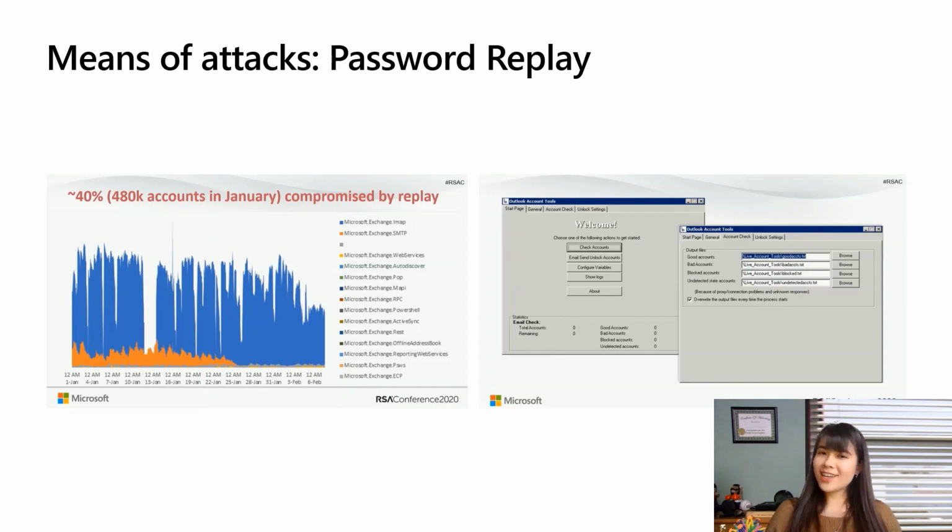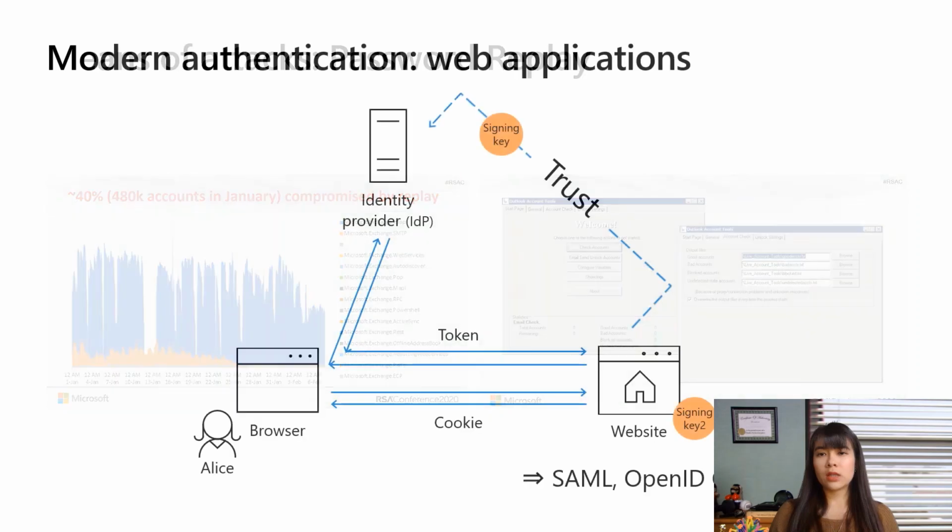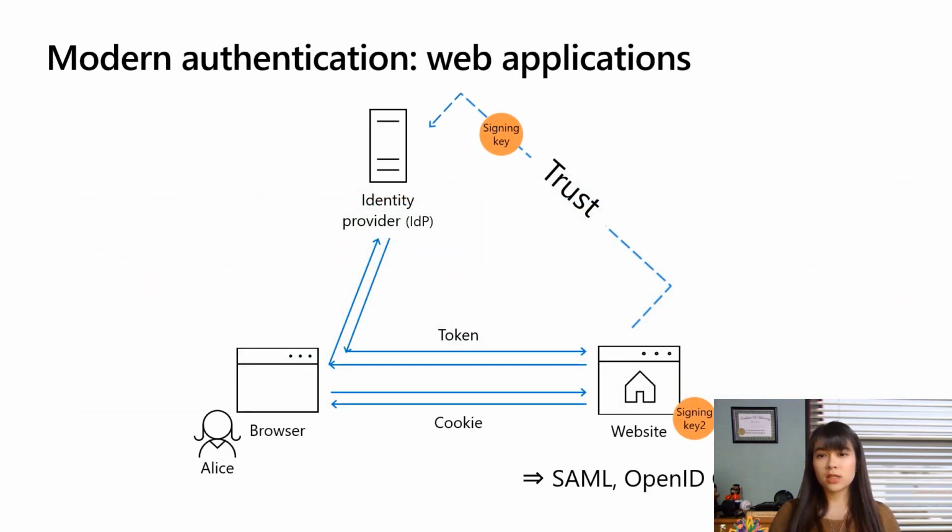And another interesting piece of data, over 99% of password spray attacks were using legacy auth, and over 97% of password replay attacks were using legacy auth as well. So legacy authentication is much less secure than modern authentication. In other words, that's why we need modern authentication, because it's much harder to steal in a system like this than simply spraying and replaying a password.